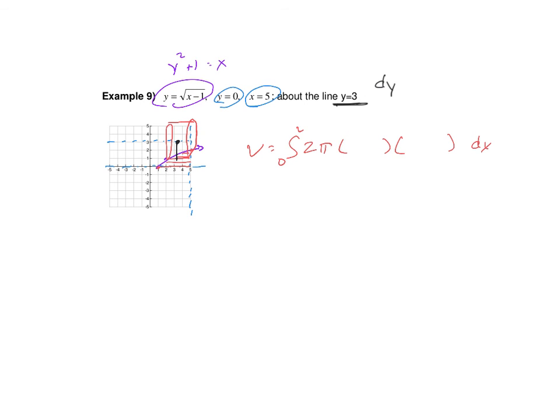All right, so then you're going to do the same thing. You're thinking top minus bottom. My top is 3, and my bottom is my representative slice, which is going to be dictated by my limits of integration, using my function, which is y squared plus 1.